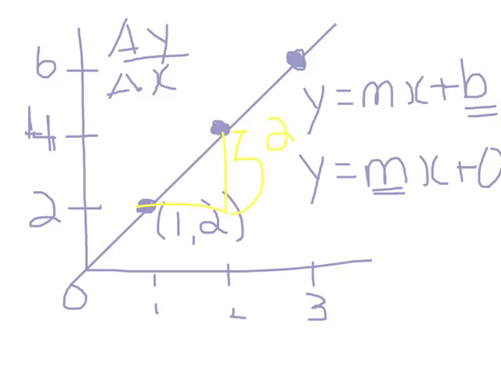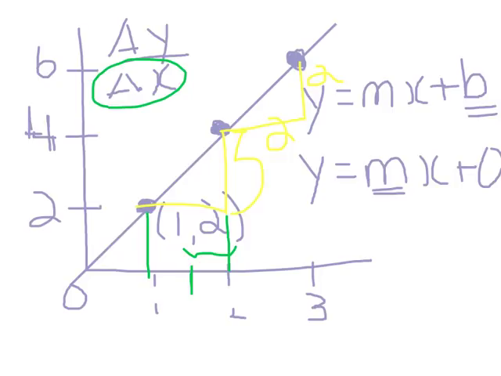Then if I look at my change in x, it went from 1 to 2. So x only changed by one spot. Okay, and if you go through the graph, you can see that it's consistent, right? So if I go from 6 to 4, if I drop this down, that's again a change of 2. So it keeps repeating that pattern. Slope is a pattern. It'll always be the same, right?